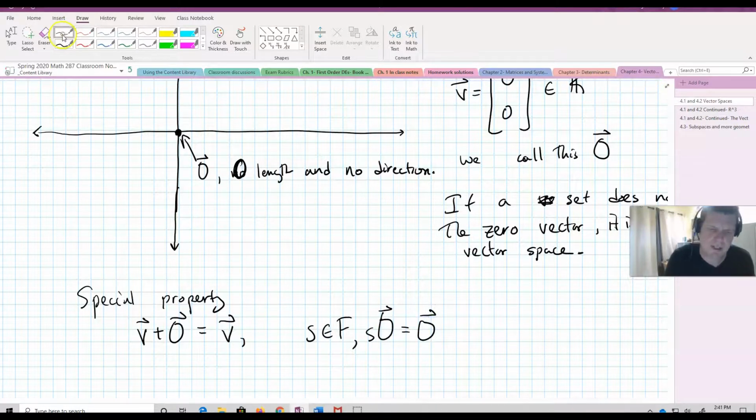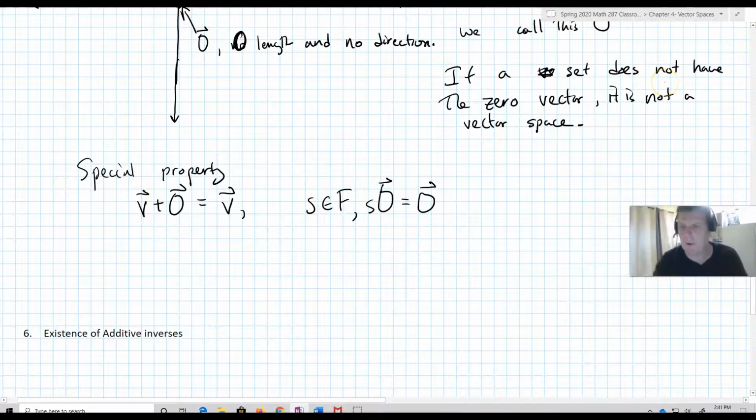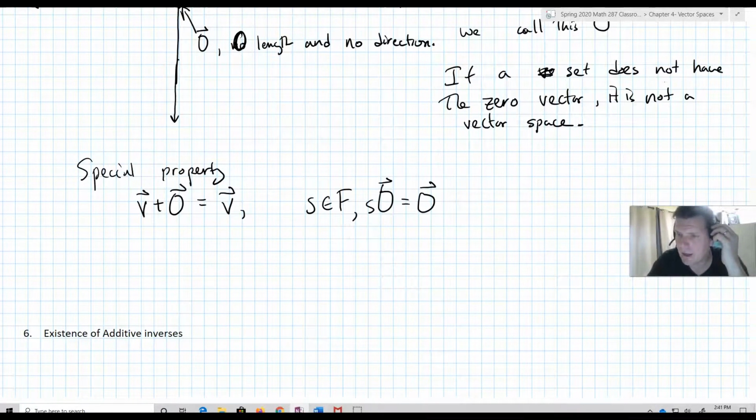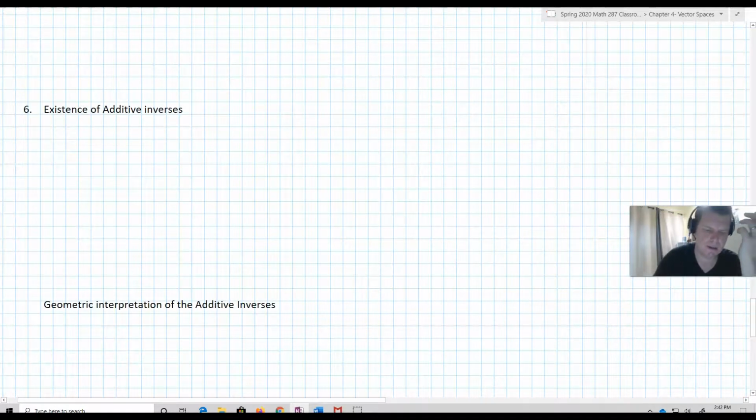So from an addition standpoint and a scalar multiplication standpoint, we get the zero vector back whenever we multiply the zero vector by a scalar, and if we add a vector plus the zero vector, we get that vector back. You must have the zero vector inside of a space in order for it to be a vector space. There it is.